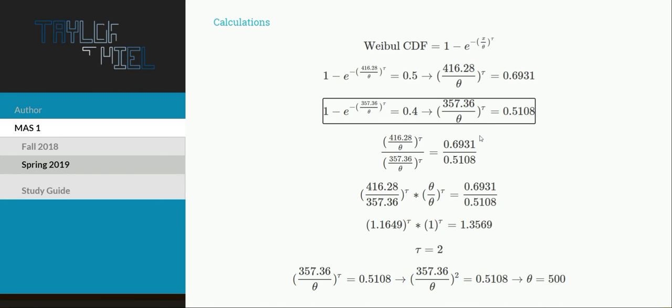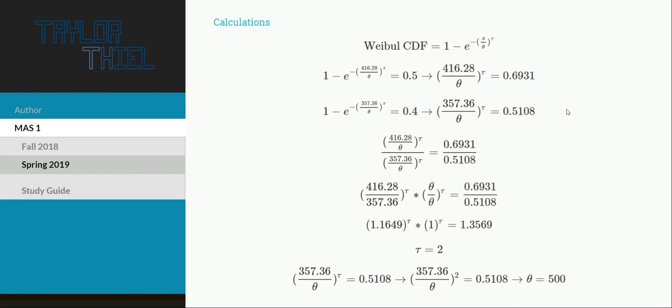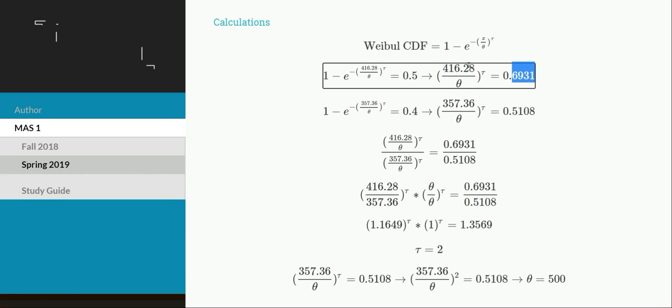Just to simplify, we can divide things out to remove a term, so we're rewriting this. Subtracting 0.5 from both sides, then moving the exponential term over to the right, and then taking the natural log of that value gets us 0.6931 and leaves us with this more simplified form.